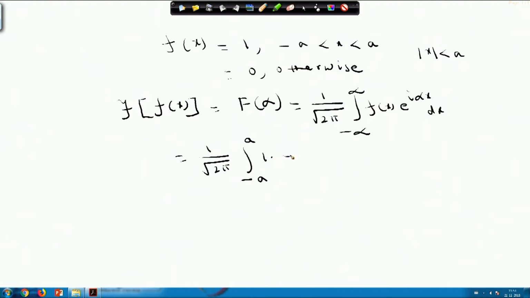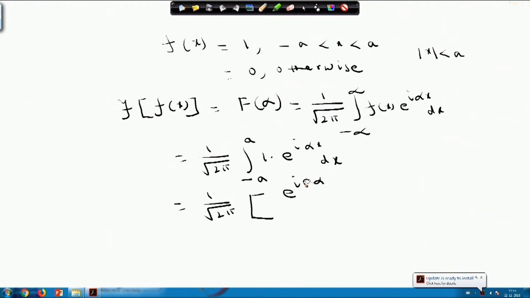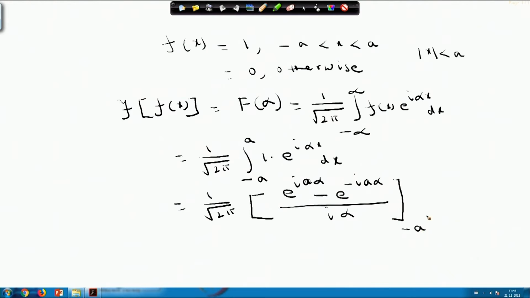So, it is 1 into e to the power i alpha x dx, and if you evaluate the integral, this equals 1 by root over 2 pi into (e to the power i a alpha minus e to the power minus i a alpha) divided by i alpha, where the limits are from minus a to a.